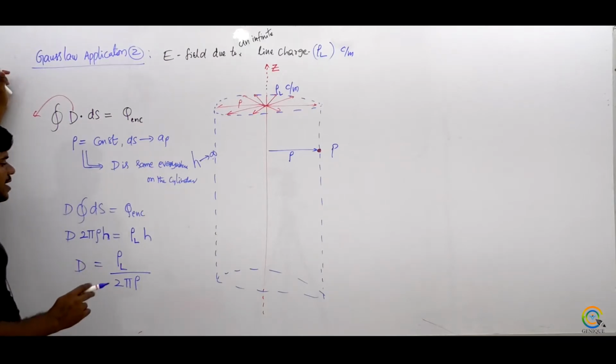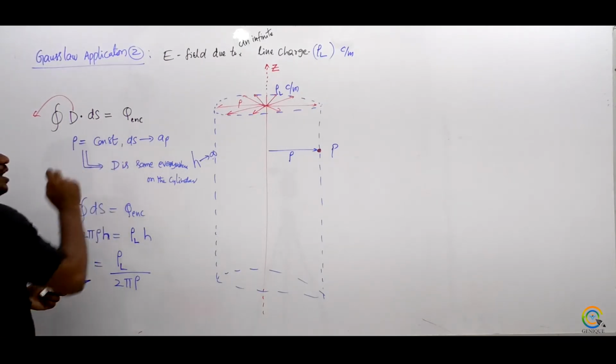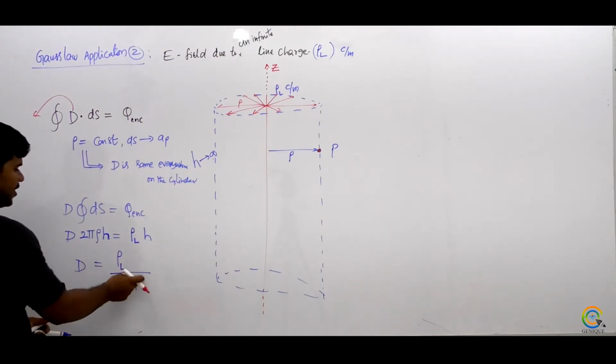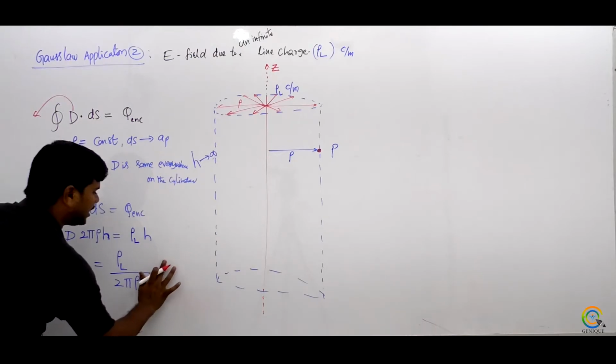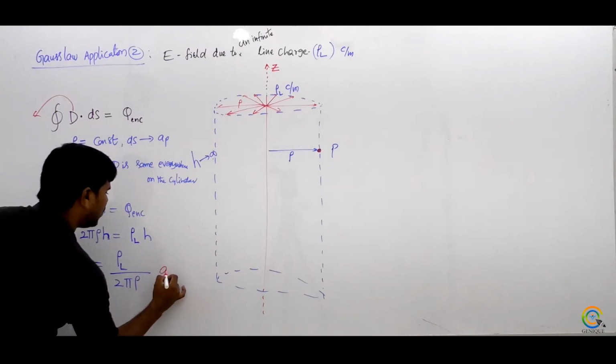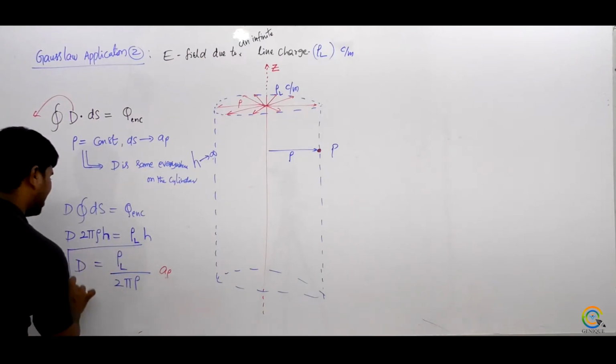Now what will be the direction? Because it is a rho constant surface, we already know the electric field will be in the arrow direction, radially outward.